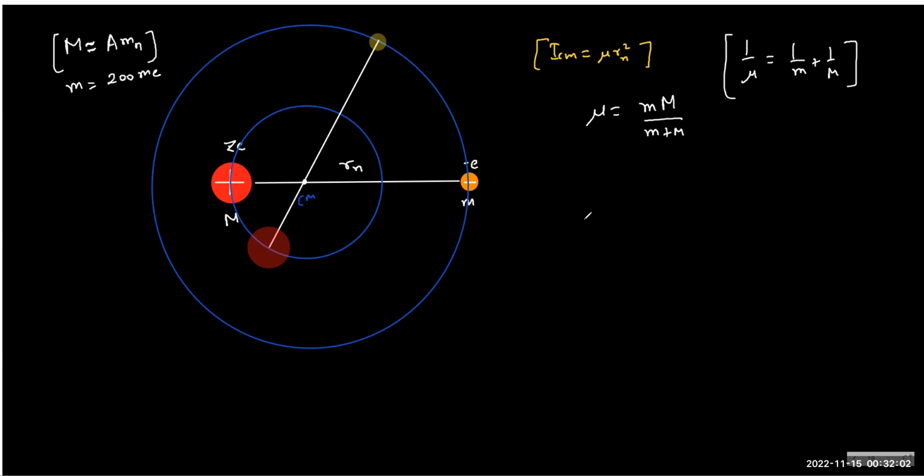Once we do all this, there are two ways of solving. Either you solve from scratch or be smart. Smart means every question we can solve only by modifying the Rydberg constant. So what was the energy relation?